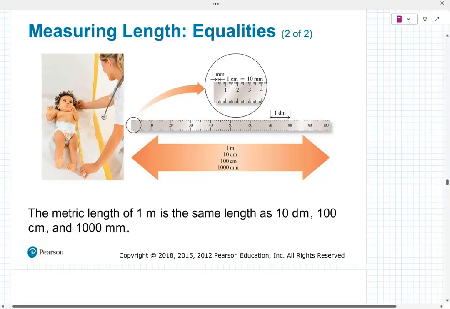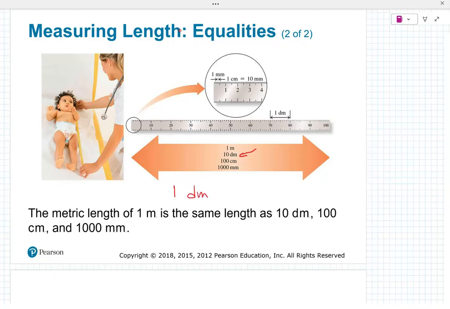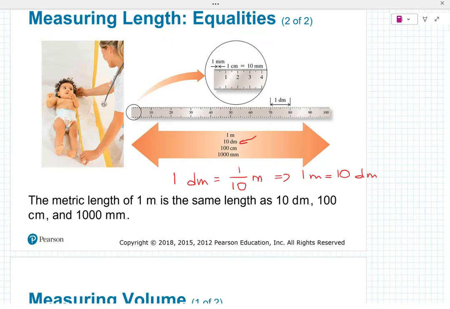Now, you can even use decimeter, it's totally fine, which is 1/10th of a meter. Okay, so we can say that 1 decimeter is 1/10th of a meter. Therefore, 1 meter is equivalent to 10 decimeters.